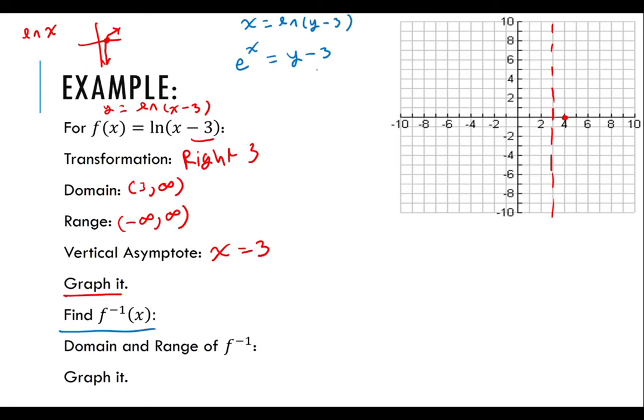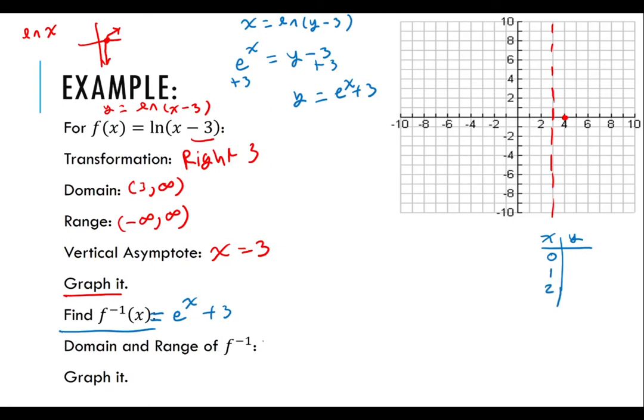Then if I'm solving for y, add 3, I get that y is equal to e to the x plus 3. And so that's my inverse. My inverse function is e to the x plus 3. If you wanted, you could, of course, start plugging in values for this inverse function, such as 0, or 1, or 2, and you could find approximate values and plot those ordered pairs.